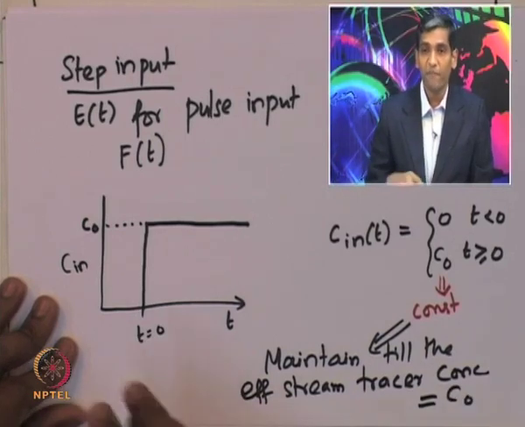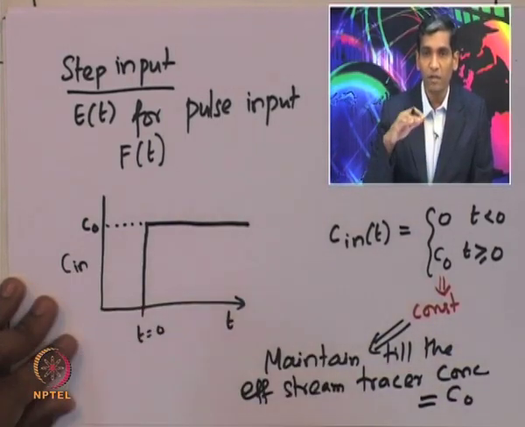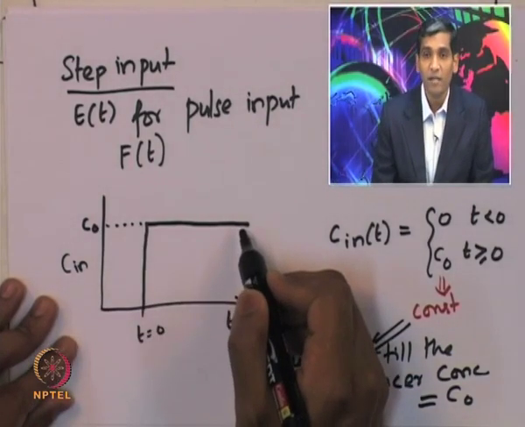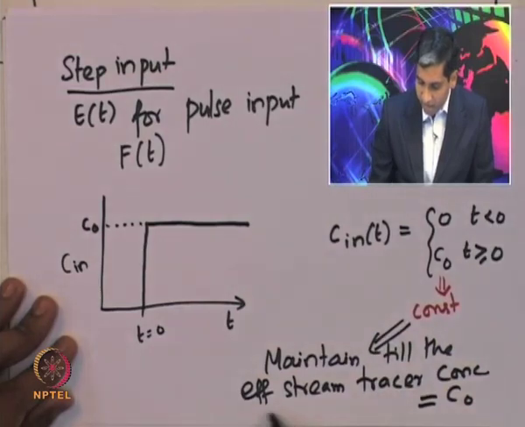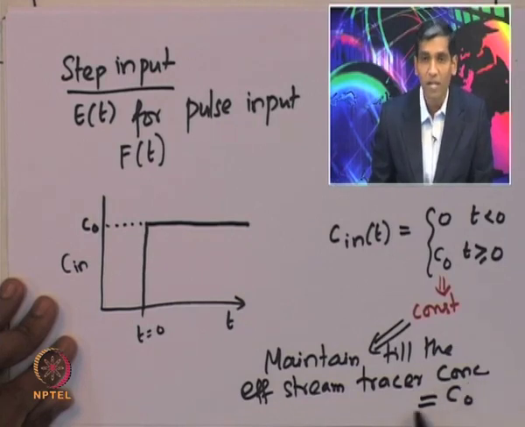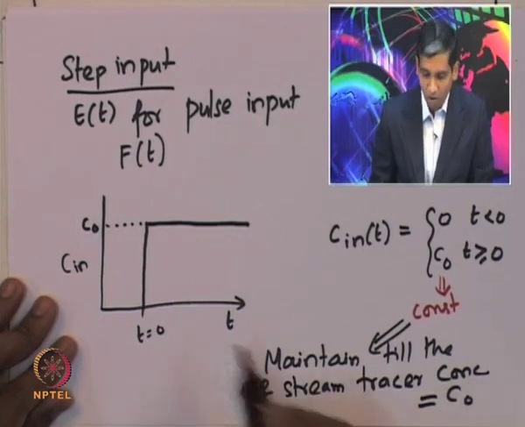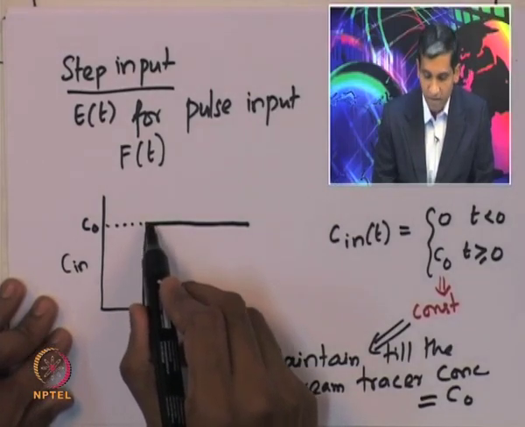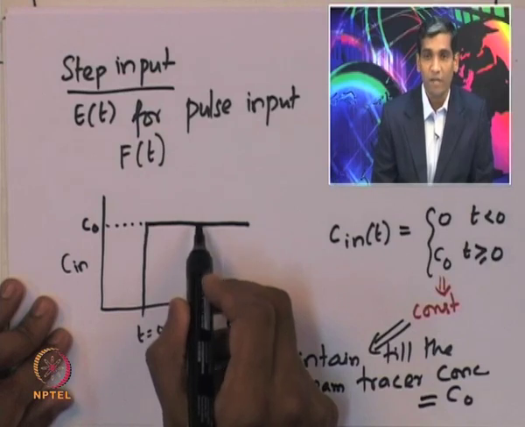So, we maintain the concentration of the tracer in the feed at some constant value C naught until the tracer concentration in the effluent stream is exactly or almost equal to the feed concentration of the tracer which is maintained in the feed stream.